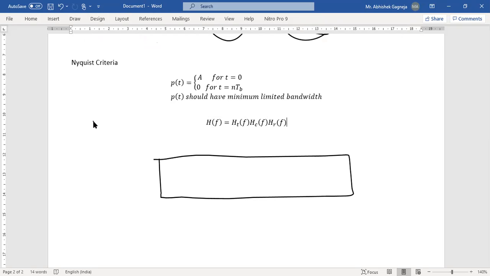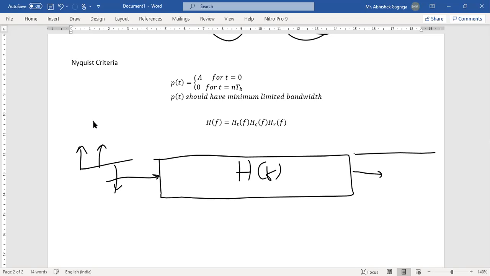we have a big block which is called H(f), right? And the input to this H(f) are impulses that represent ones or zeros. So these impulses kind of give you an output in the form of structured pulses. I'm making the pulses in the form of what we would require, but this gives you the structure in the form of pulses.